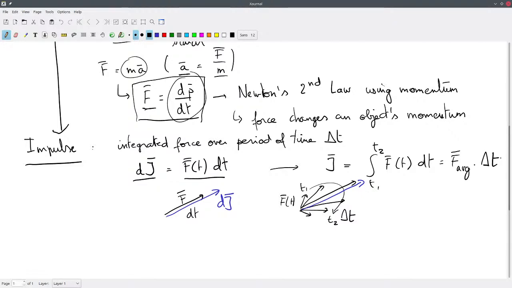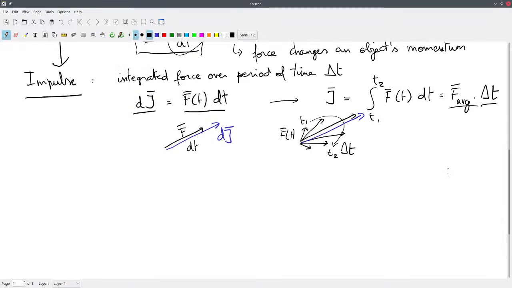We can, to some extent, interpret this in a variety of different ways. We can choose different averages if we choose different delta t's, different time intervals. So let's say we have a force that only changes in magnitude, and it changes in magnitude like this.